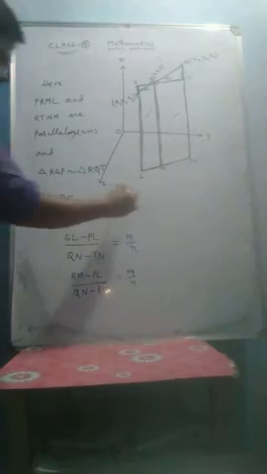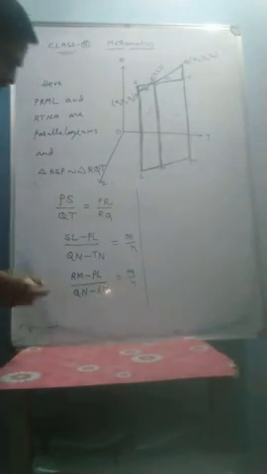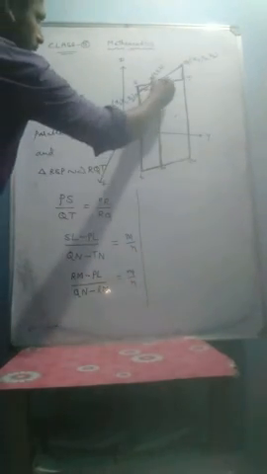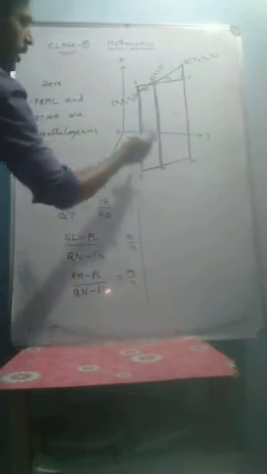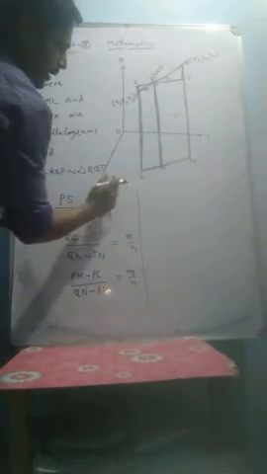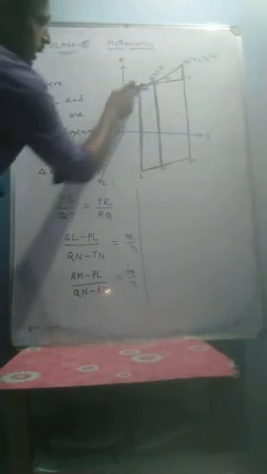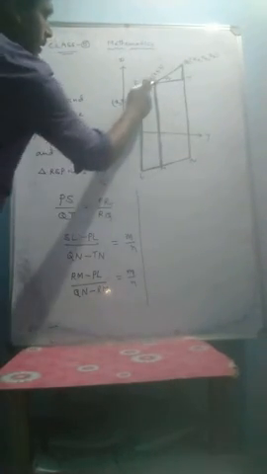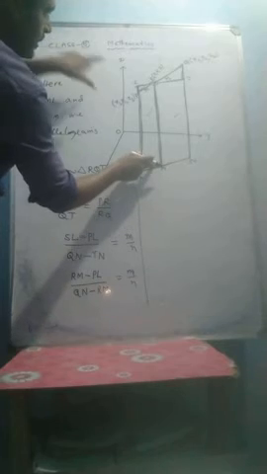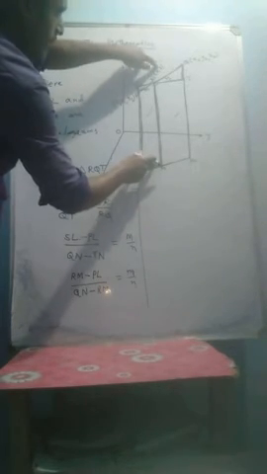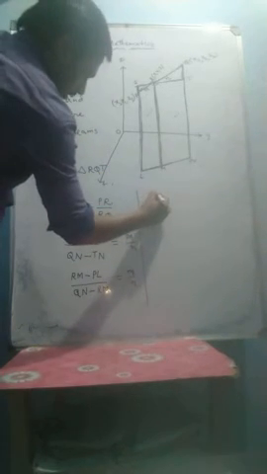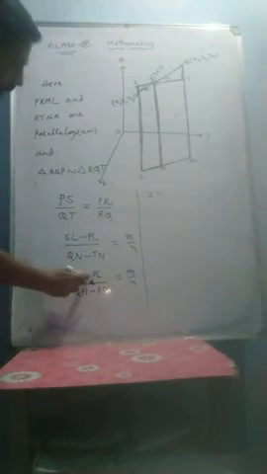Next. So this RM is perpendicular to the XY plane and parallel to the Z axis. Therefore, this RM length is parallel to the Z axis, so that Z coordinate is Z. So it is Z minus PL.